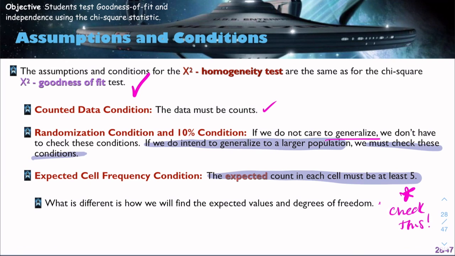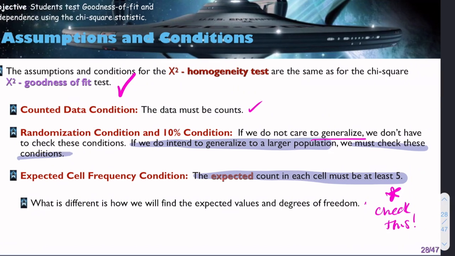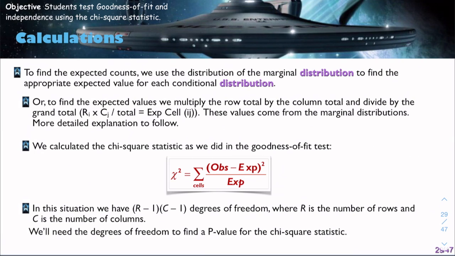What is different is how we find the expected values and the degrees of freedom. That's what largely separates the chi-squared homogeneity test from the goodness of fit test. With our calculations, in order to find the expected counts, we use the marginal distribution to find the appropriate expected value for each conditional distribution.